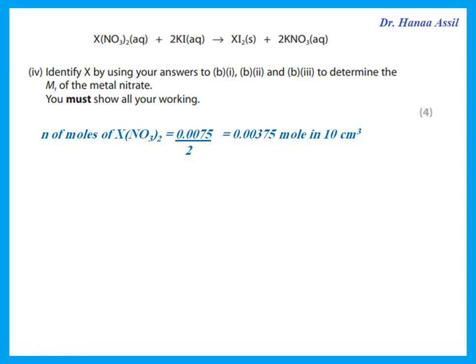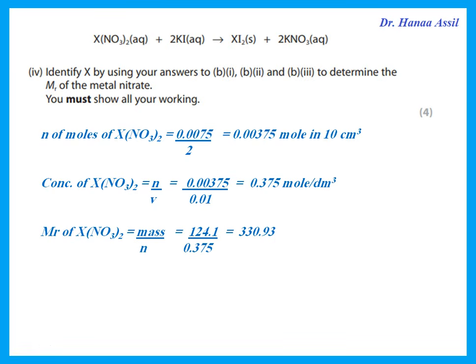So the number of moles of the X nitrate is the number of moles of iodide over 2. And this is the number of moles of nitrate in the 10 centimeter cubed that we got from the graph. So the concentration in moles per decimeter cubed is this n over V. So this is 0.375 mole per decimeter cubed.